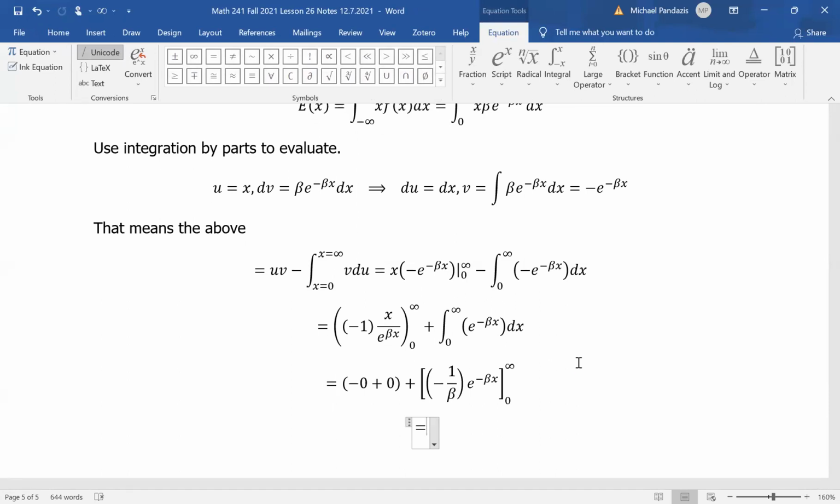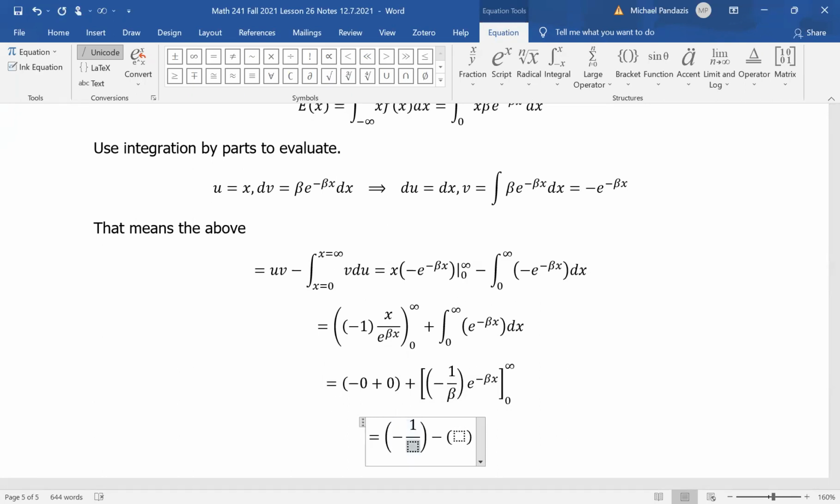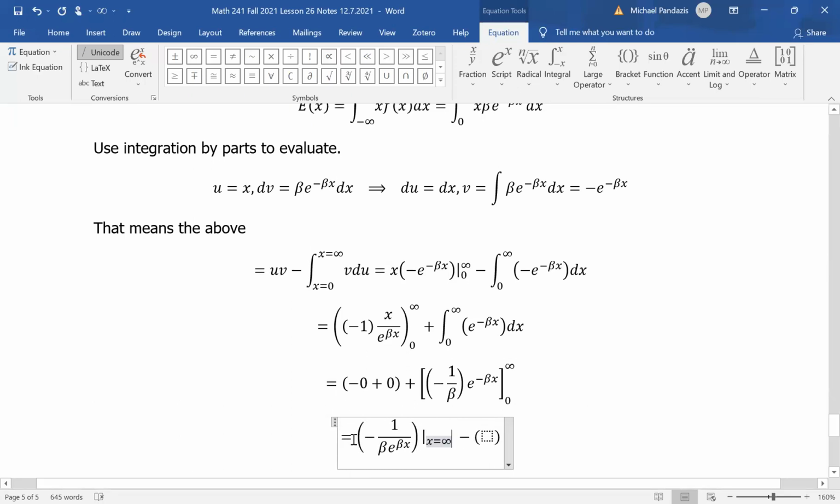So now when you plug in infinity, you get this expression when x is infinity, which is the same as -1 over beta times e to the beta x, at the point where x is infinity, meaning plugging in infinity. And so this is 0.